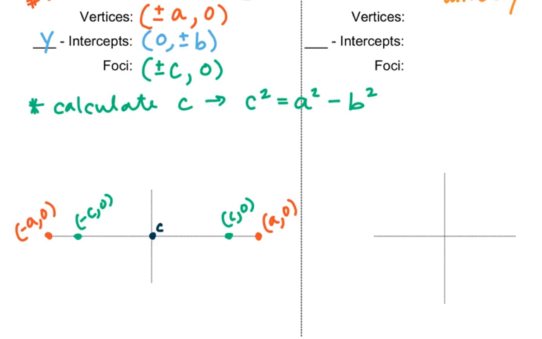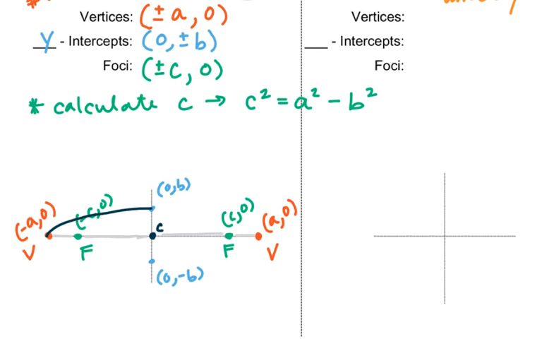And then my minor axis, and I'm drawing this really exaggerated, but my minor axis is going to be the short axis. And that's up and down b units. So I have 0, comma b and 0, comma negative b. Main thing you guys want to know is we have 2 vertices and 2 foci. And again, they're all occurring on this longer, as we say, major axis.